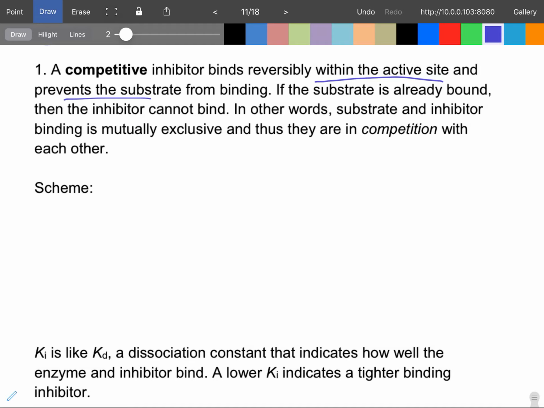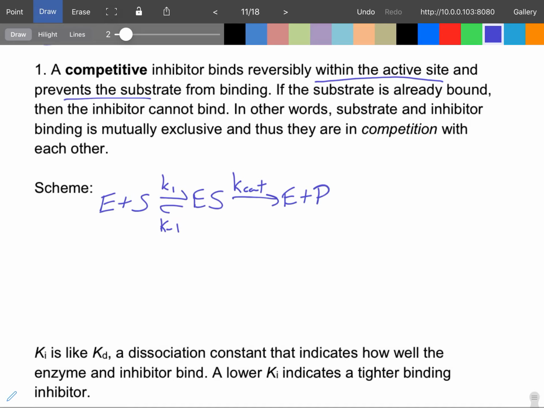A scheme for this: remember we started off drawing our initial velocity scheme like this, where we have enzyme substrate complex forming from free enzyme and free substrate via this equilibrium, and then Kcat governs the formation of free enzyme and product. For all these modes of inhibition, I want to identify where the inhibitor is acting.